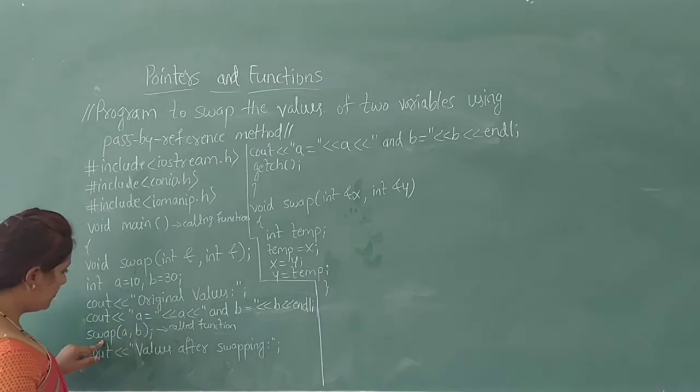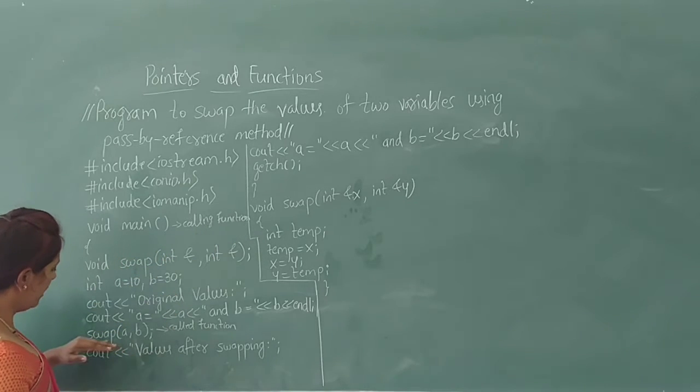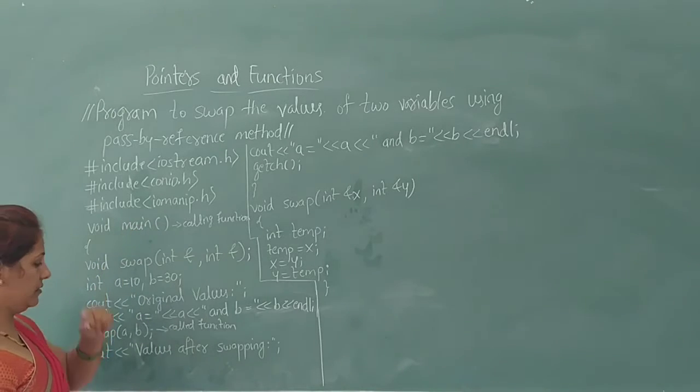Swap is a called function, and the main function is the calling function. The swap is a function name and it is called from the calling function main.